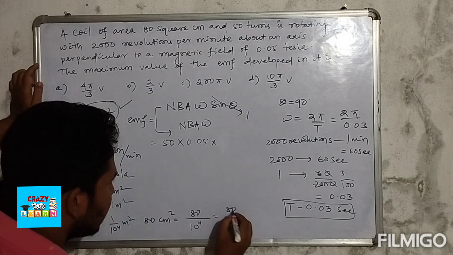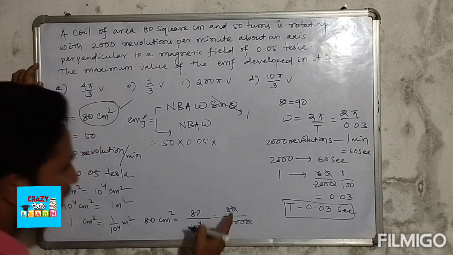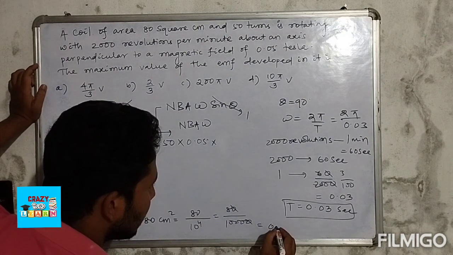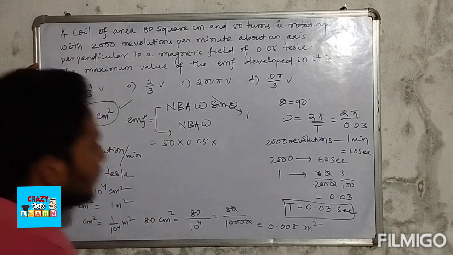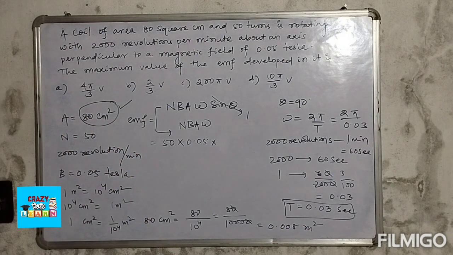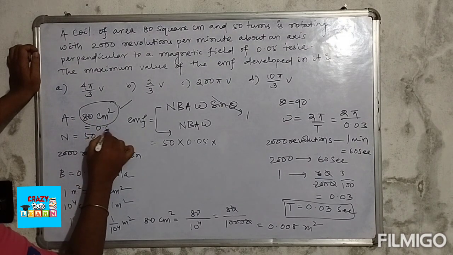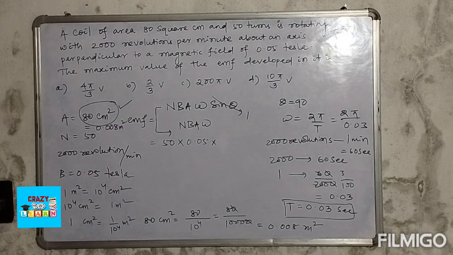So you can write 80 by 10,000, the zeros cancel, 8 by 1000. In decimal, we get 0.008 meter square. So the area 80 cm square is equal to 0.008 meter square. Clear? So you have to put this here.